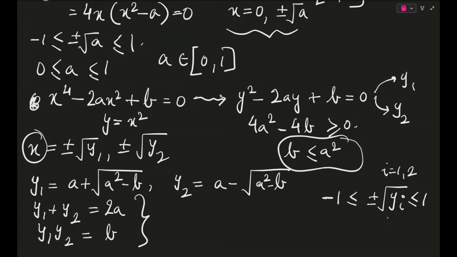If we take this and square both sides, then yi will belong to 0 to 1, and we have also found out that their sum is 2a. Now, we have b here, and we are trying to generalize the region R.